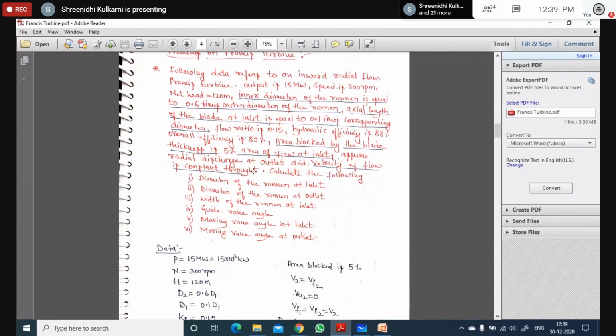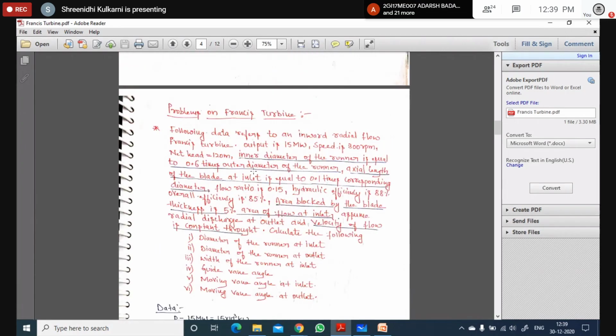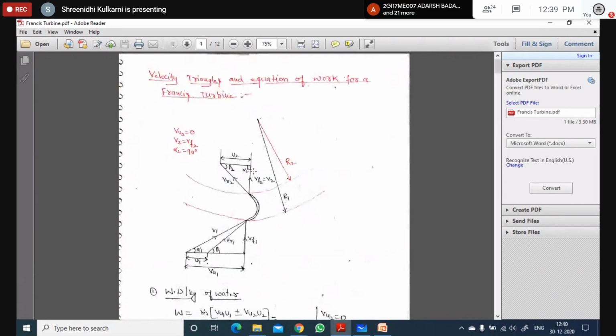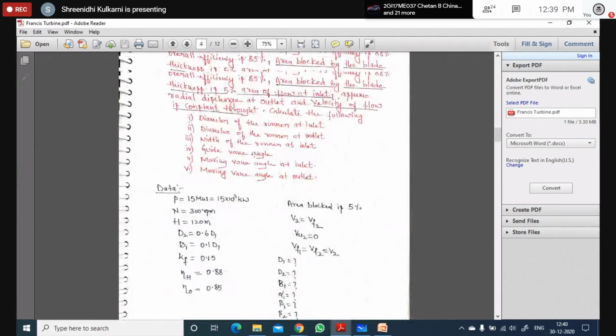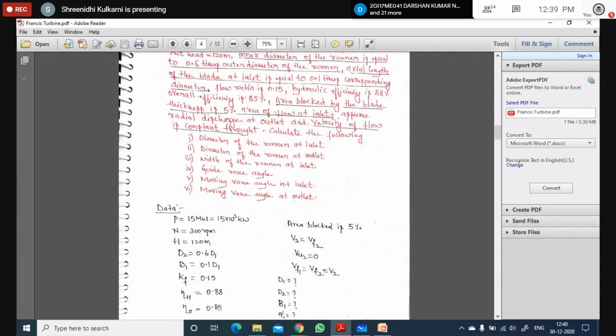For this, I'm going to take here. See, this is the inner diameter and this is the outer diameter. While writing this, we can write D2 is equals to 0.6 times D1.